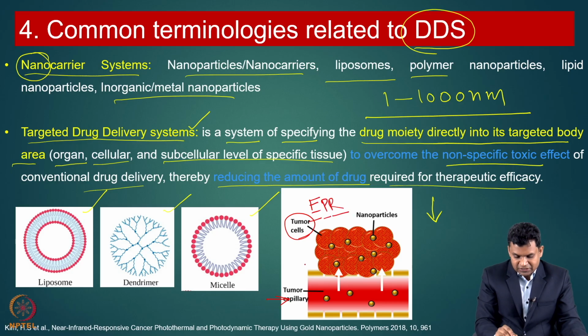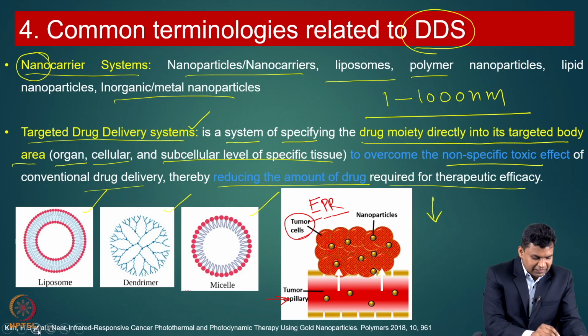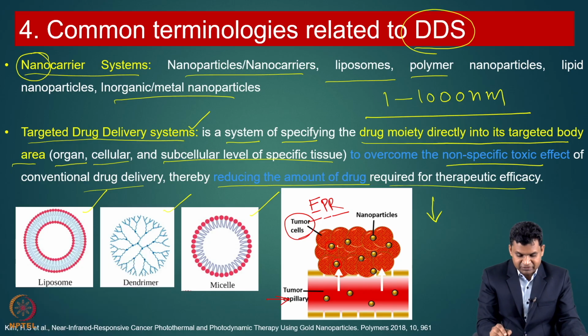When you look at the features of tumor cells and the tumor microenvironment, you will see there is a leakage in the lymphatic system, called impaired lymphatic drainage, and also leaky vasculature, so that our drug molecules or nanocarriers enter from the capillary and are retained in the cancer cells.